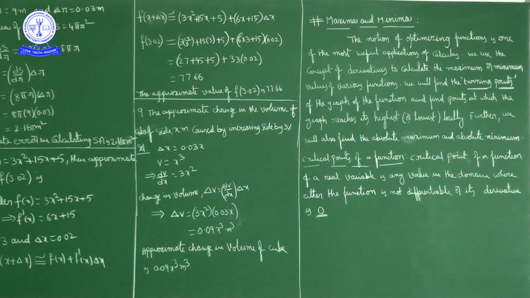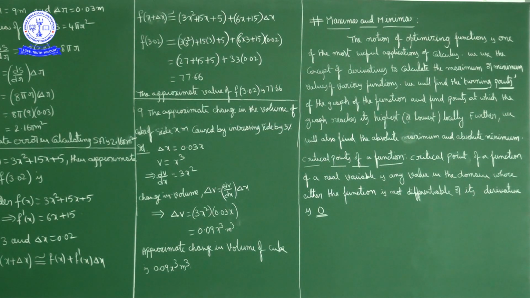Okay, now in this chapter we will find turning points of the graph of a function and find points at which the graph reaches its highest or lowest locally. For example, in the sin x graph from 0 to pi, sin x reaches its highest point at pi by 2. That is called the point of maximum. What is the maximum value of sin x at pi by 2? 1.